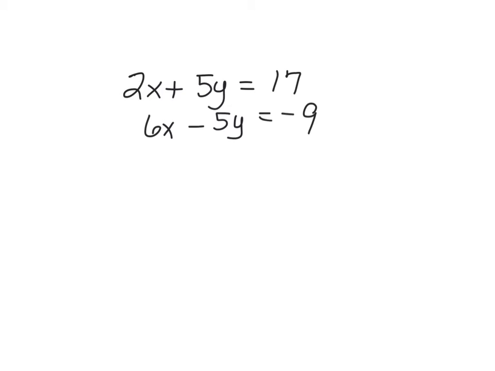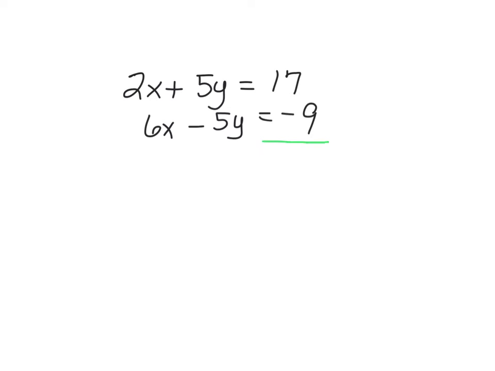Now again, this method is called the elimination method, or the addition-subtraction method, or the linear combinations method. We're going to combine these two linear equations together through addition or subtraction, and when we do that, something's going to eliminate. That's where those three names come from.